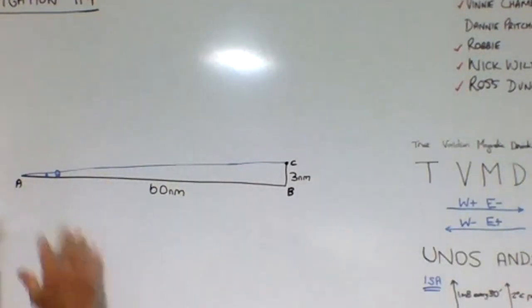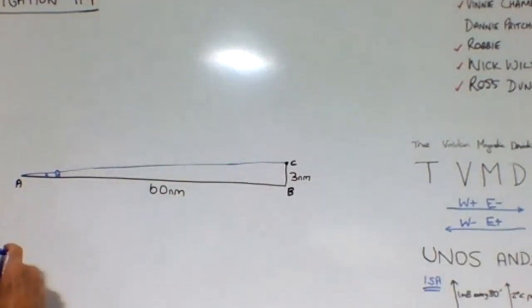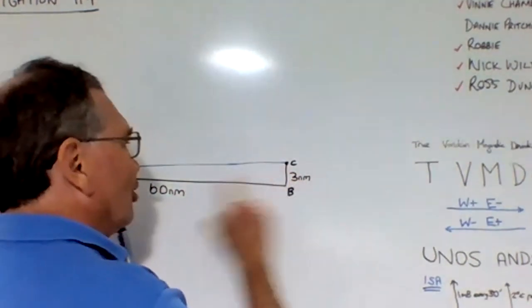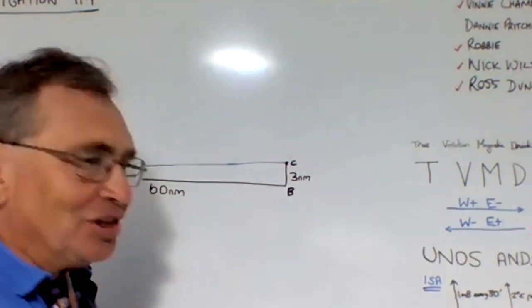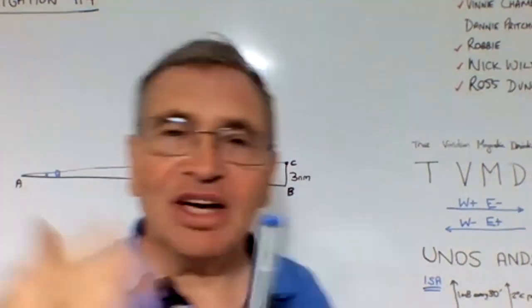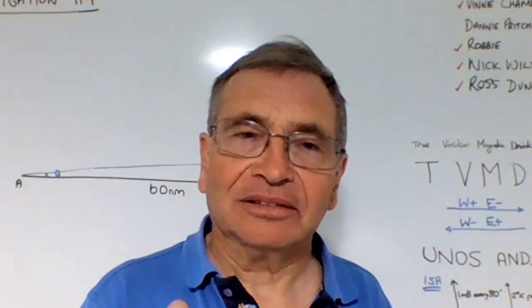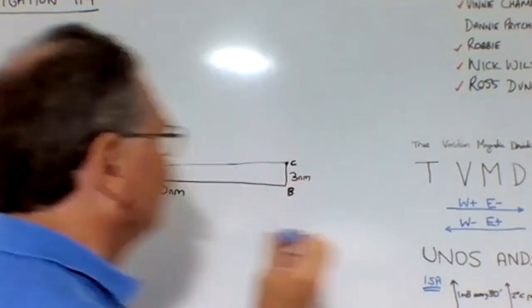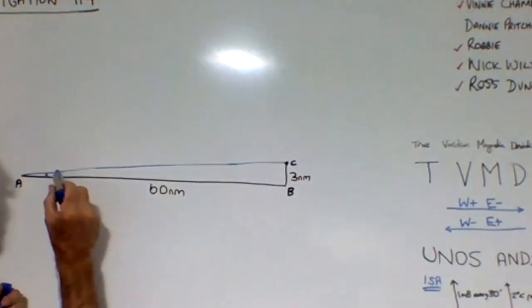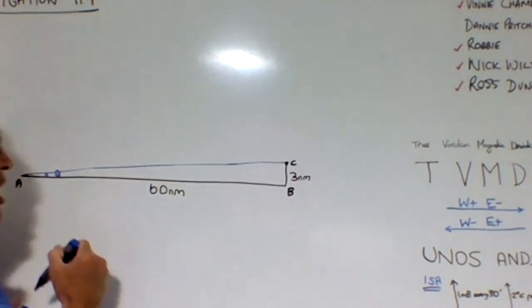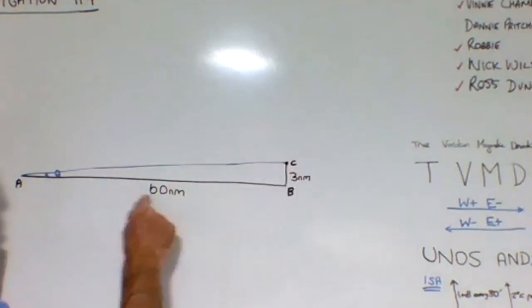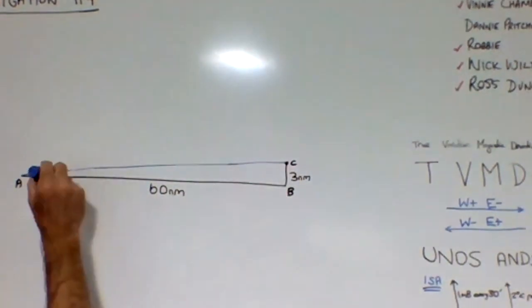But there's a nice feature in that for small angles of theta, the tangent is roughly 1 in 60. So we know that theta is going to be 3 degrees.